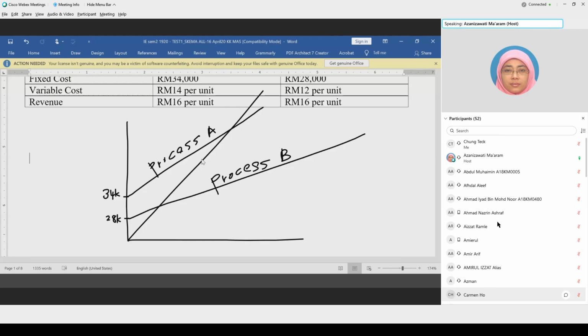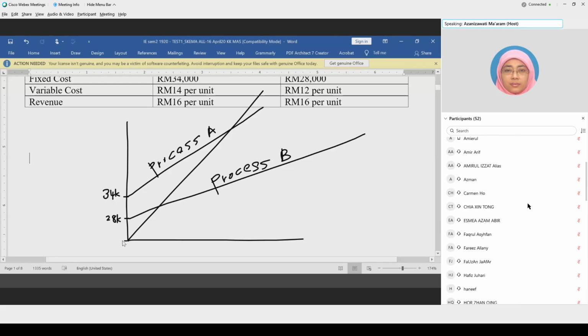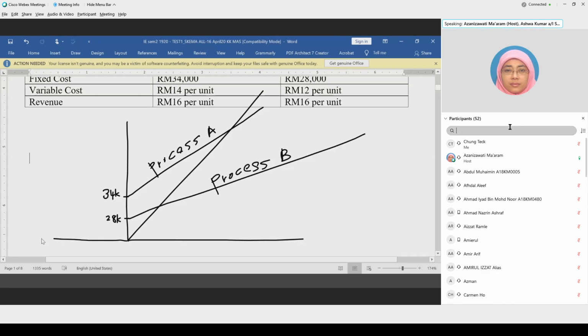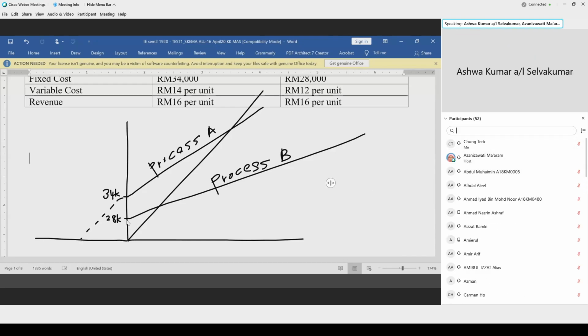First, you have to find the crossing between process A and process B. Here we cannot see clearly, so you can extend the line to make sure the lines cross. The crossing is here at a negative number.